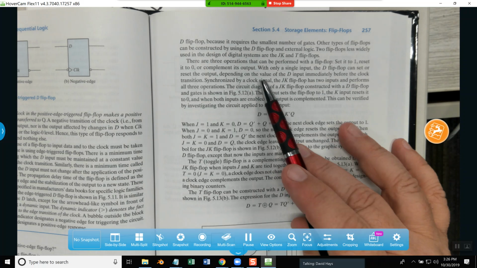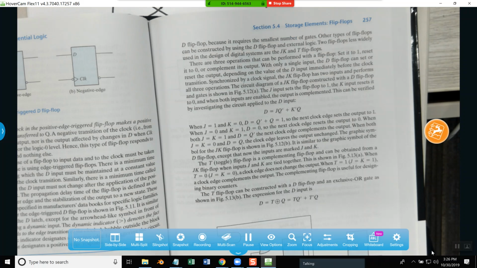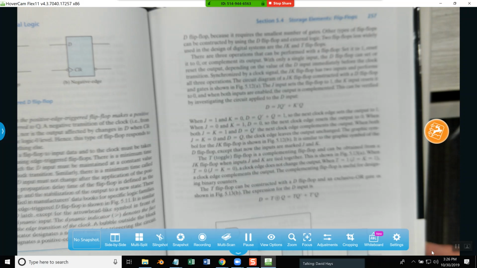This would give you whatever Q is, because 1 and Q is equal to Q. J and Q prime corresponds directly to what they're talking about there.